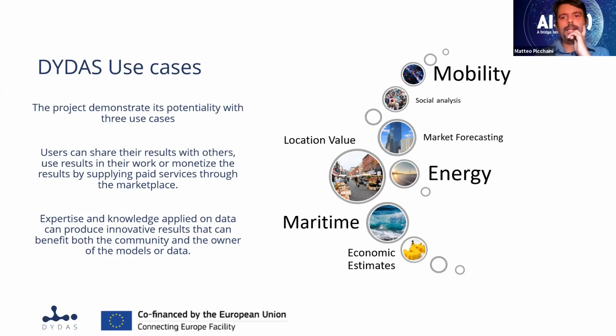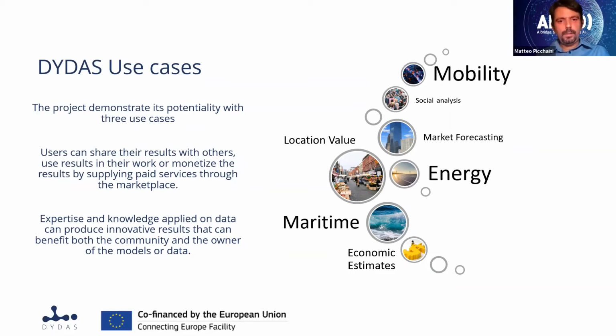In particular, we have 3 main use cases. The first one is dedicated to the monitoring of the mobility by employing IoT sensors. The second use case is dedicated to the energy balancing in terms of offers and demand of energy, and here we will employ a large ensemble of geospatial data, including satellite data.